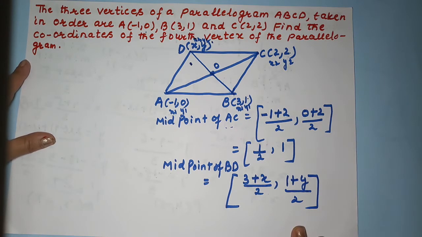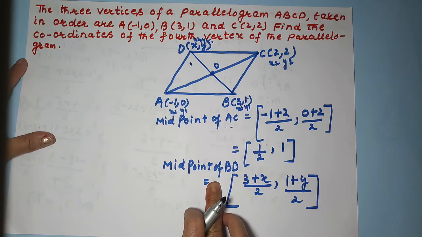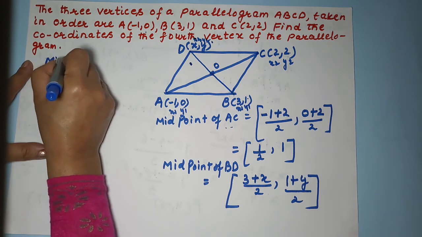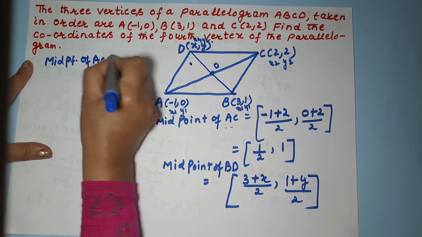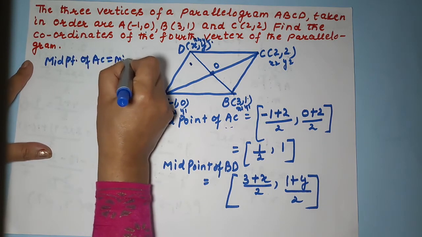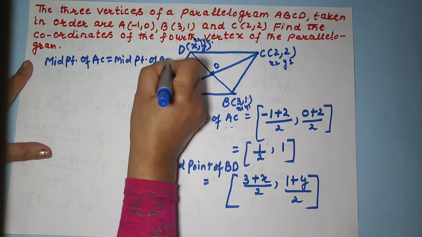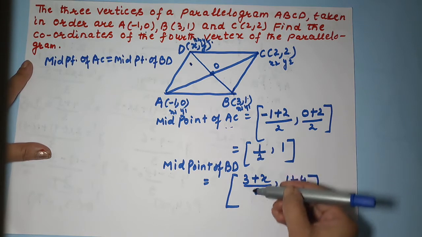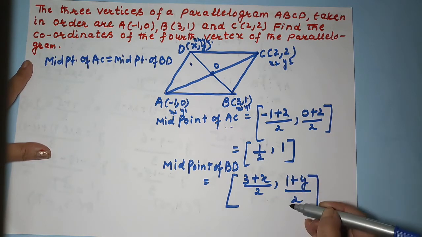Now we are saying that midpoint of AC is equal to the midpoint of BD, which is the property of a parallelogram. Right? So we can write here that midpoint of AC is equal to midpoint of BD. What is the midpoint of AC? 1 by 2. What is the x coordinate? That means their x coordinates are same and y coordinates will be same, right?